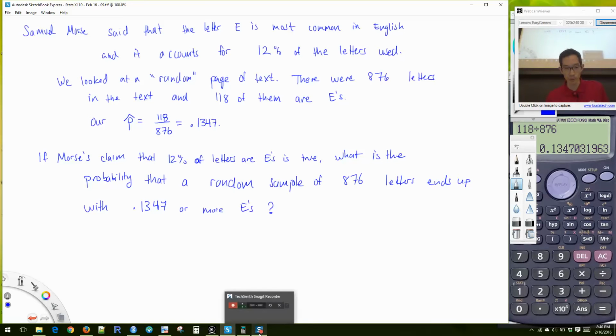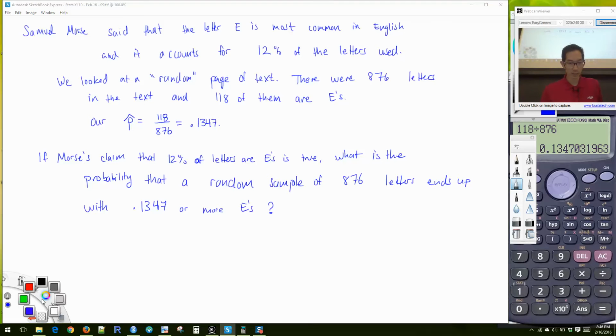As you guys are working, you should see that p is the proportion of E's in the English language, and our n is our sample size, which is 876. At this point you've got to figure out your mean and your standard deviation.